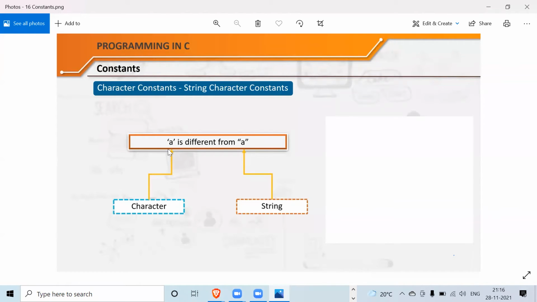But here, the computer knows it's just one character. It only needs 1 byte of data to be stored. That's why this is of character type and this is of string type. Single quote, double quote, that differentiates them.